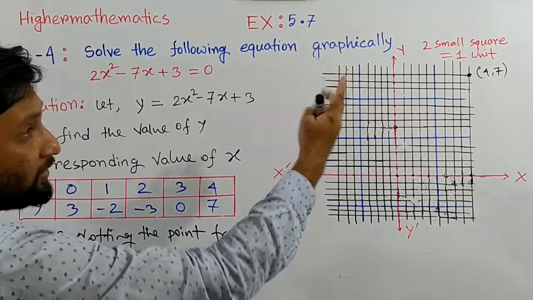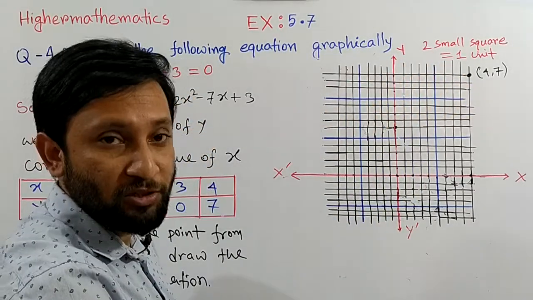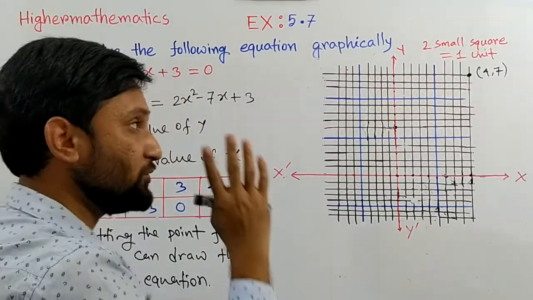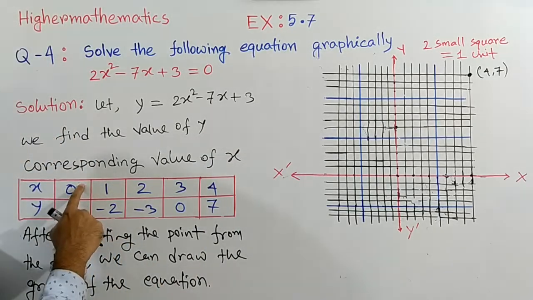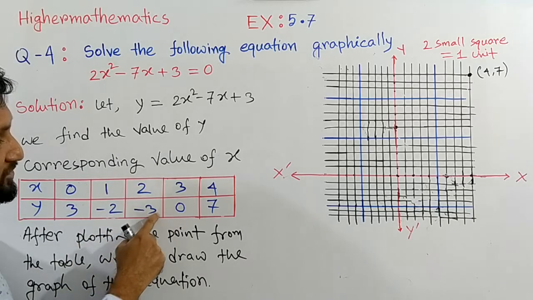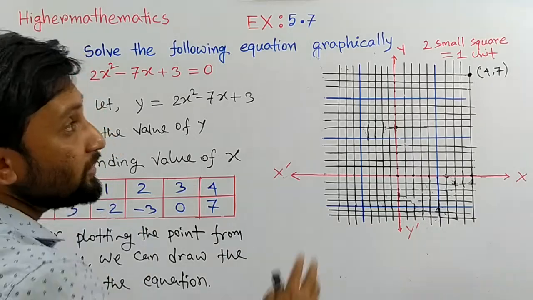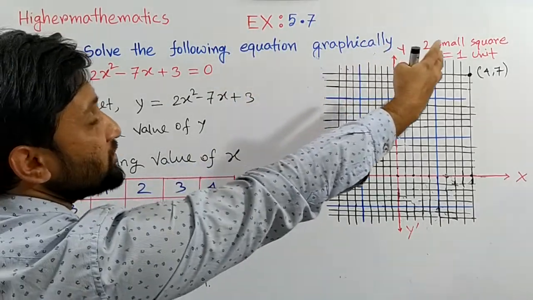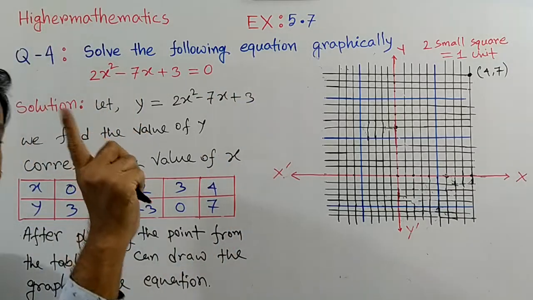Here on the graph we let 2 small squares equal 1 unit. On the table, the first point is (0, 3), the second point (1, −2), the third point (2, −3), the fourth point (3, 0), and the last point (4, 7). Since 2 small squares equal 1 unit, we multiply each value by 2.